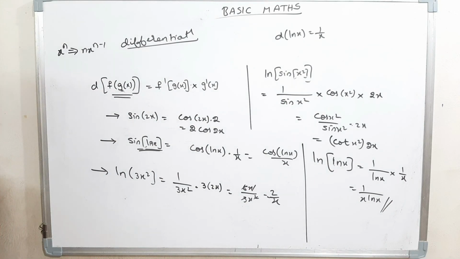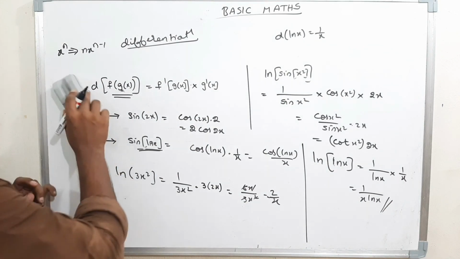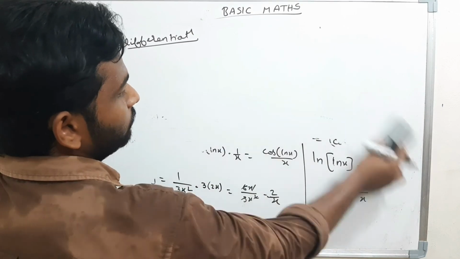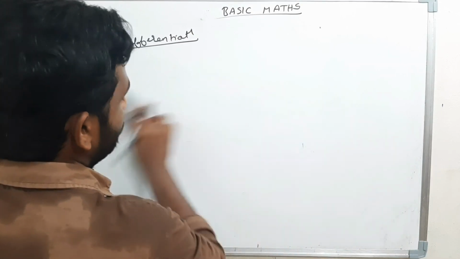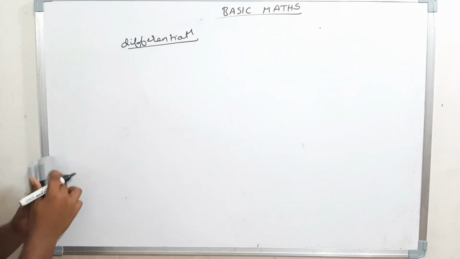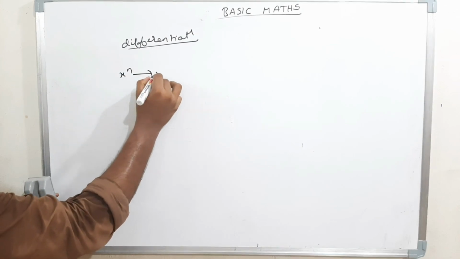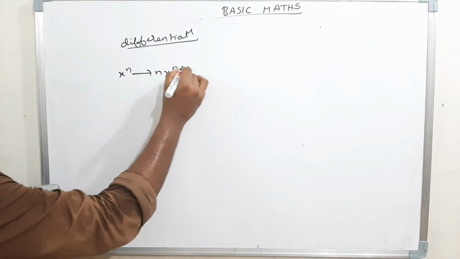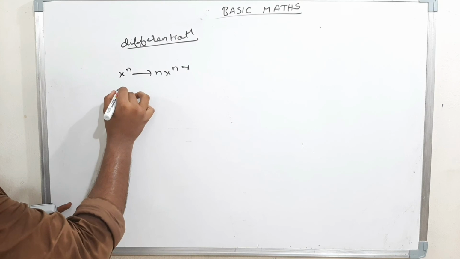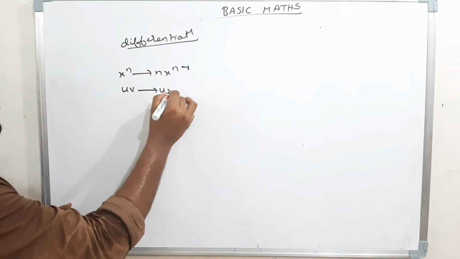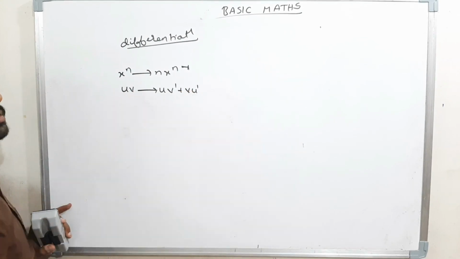I think all the formulas are clear in differentiation. First we will revise them. Differentiation of x power n is n x power n minus 1. Differentiation of uv is u v dash plus v u dash.